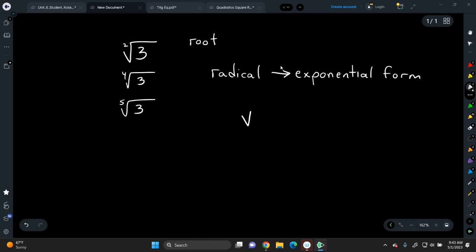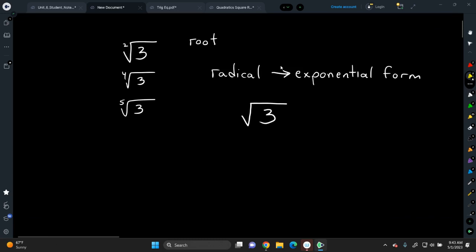So let's say that I have the square root. We'll leave it as the square root of 3. Okay. What's the assumed number outside this radical? 2. It's assumed to be a 2. What's the assumed exponent of the 3 inside the radical? That has an exponent of 1. We assume it to be 1.